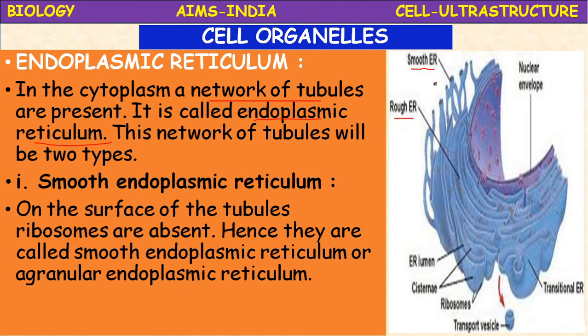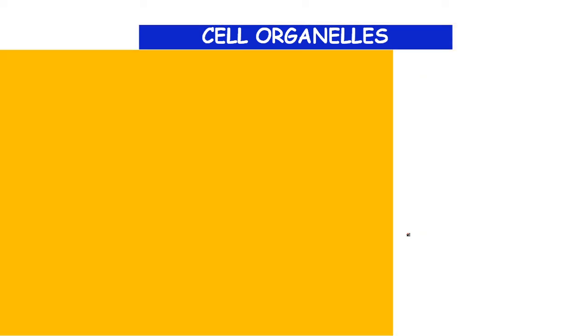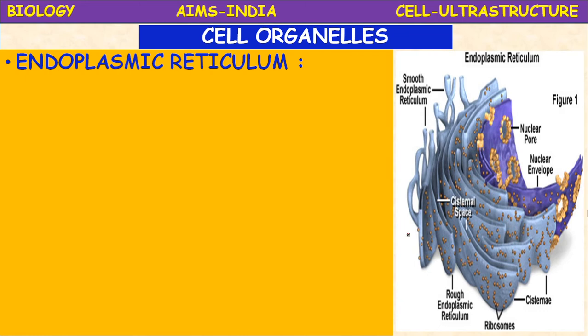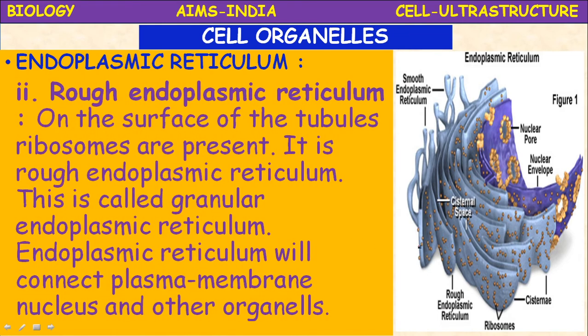To the nuclear envelope only this endoplasmic reticulum is attached. It exists in two forms, smooth and rough endoplasmic reticulum.